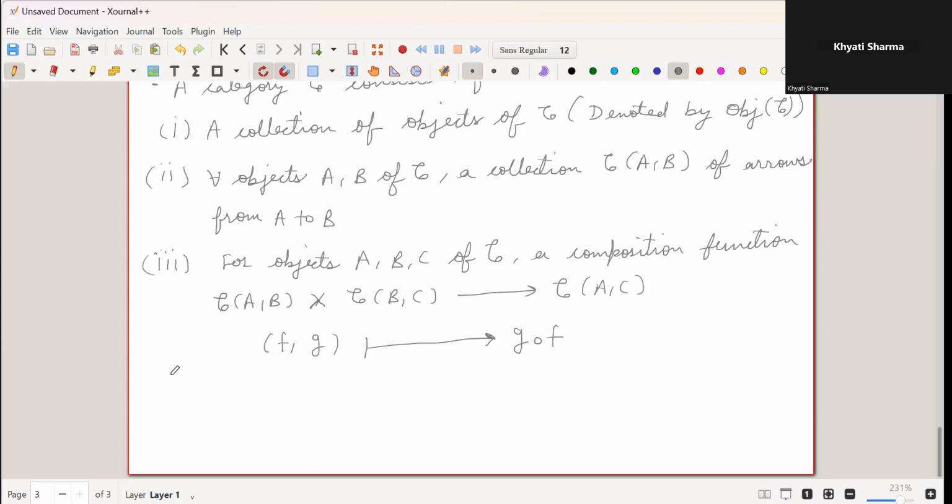and this third property is such that it satisfies the following two axioms. First is associativity.